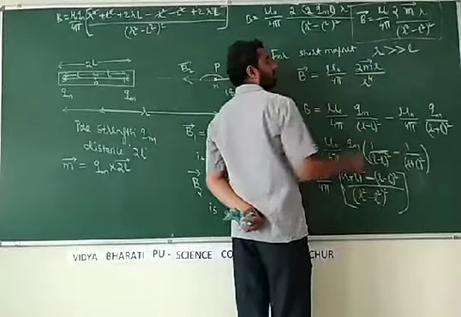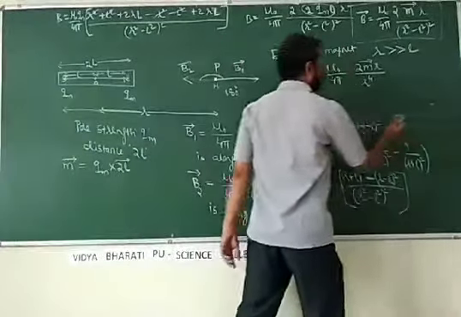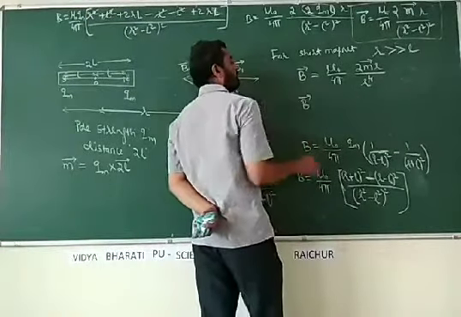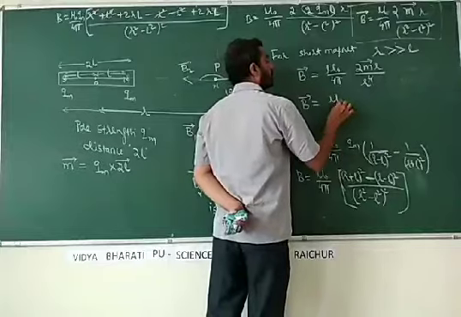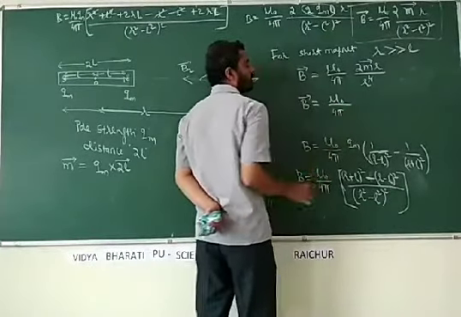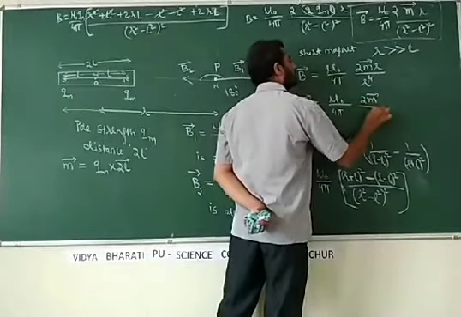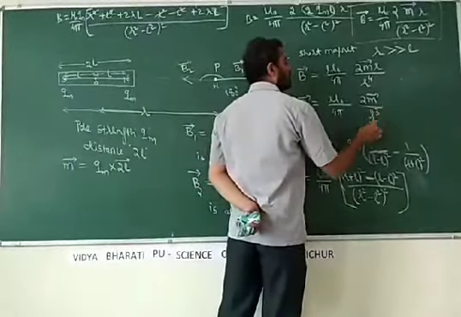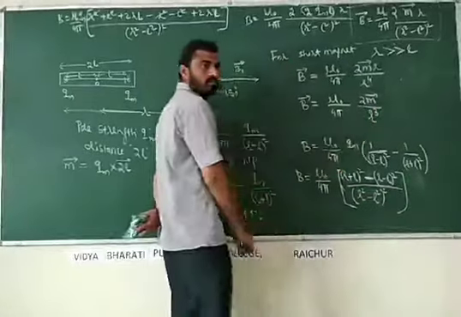One r will get cancelled with one r in the denominator. The final expression is field intensity at a point P due to dipole, B is equal to mu naught by 4 pi, 2m divided by r cube. This is a vector quantity. Even for this distance you can take a vector r cube.